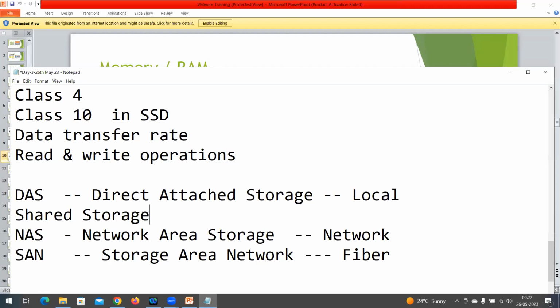Whereas NAS is a shared storage, network area storage, wherein the storage server is going to share the storage to the clients. Who are the clients? Whatever server is accessing the centralized storage, that is a shared storage. What interface is it going to access?